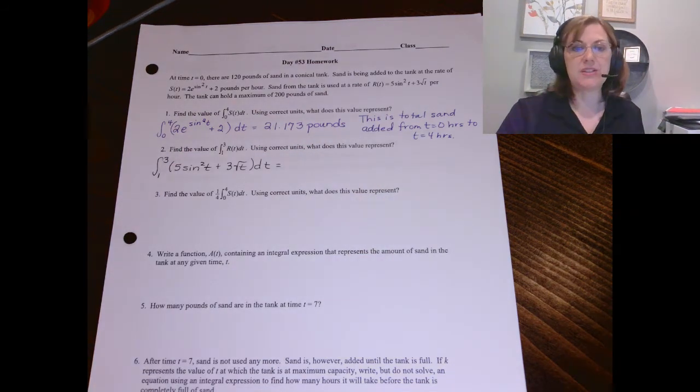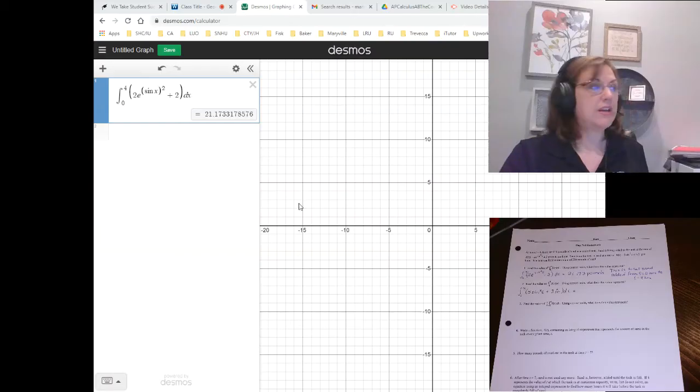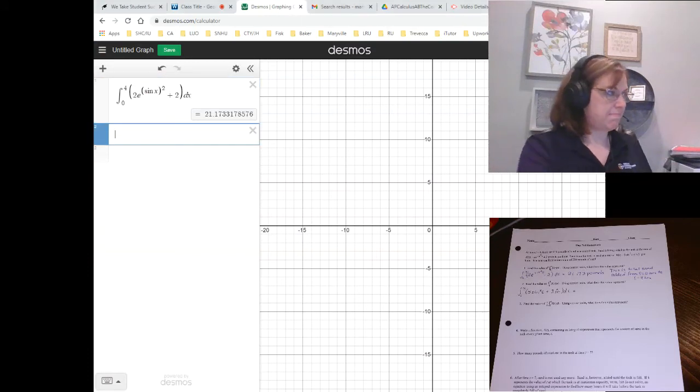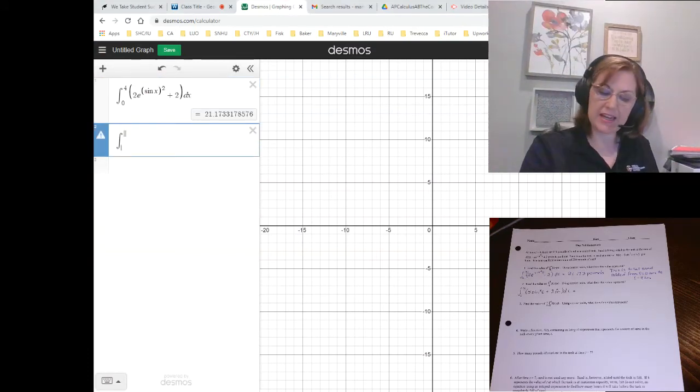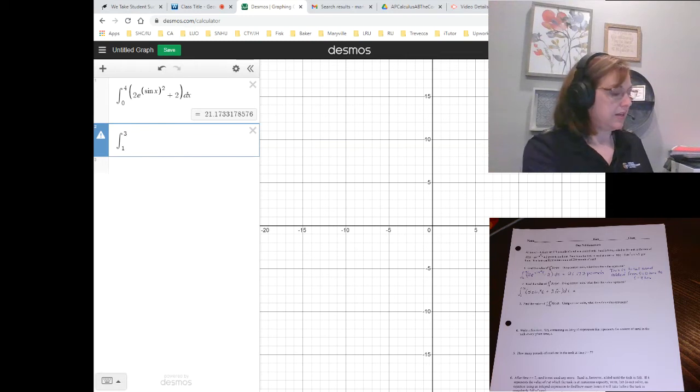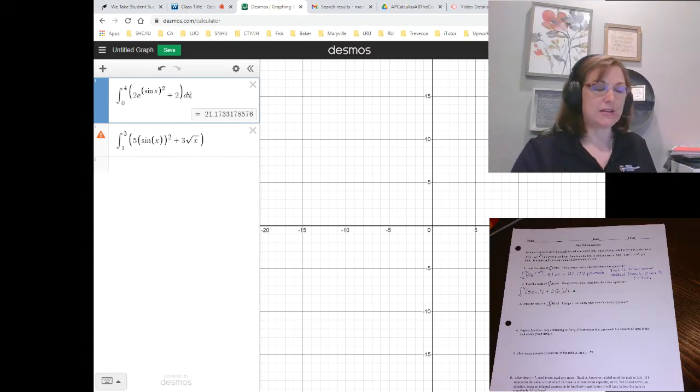And again, I'm going to switch this to Desmos so we can type that one in. INT, got my bounds. Just got to be real careful with your parentheses when you're working in Desmos. And by the way, for square root, I just type SQRT.